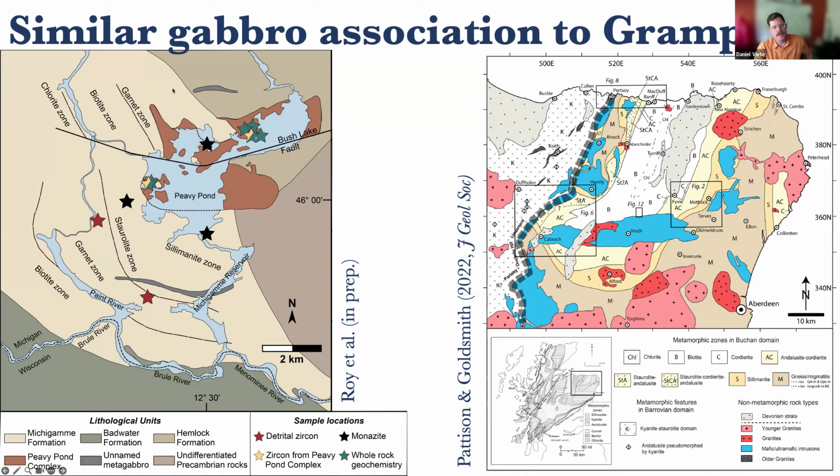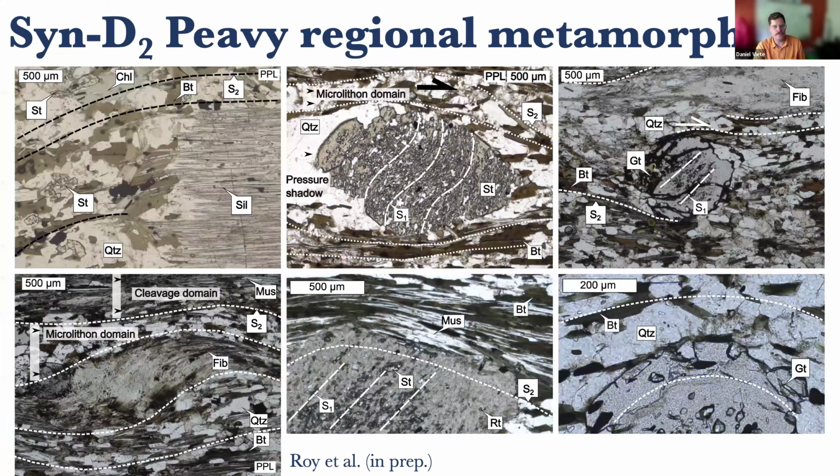It's the same deal at the PV pond. So regional metamorphism is associated with a potential source of mantle heat and also a potential indication that the mantle had undergone decompression.